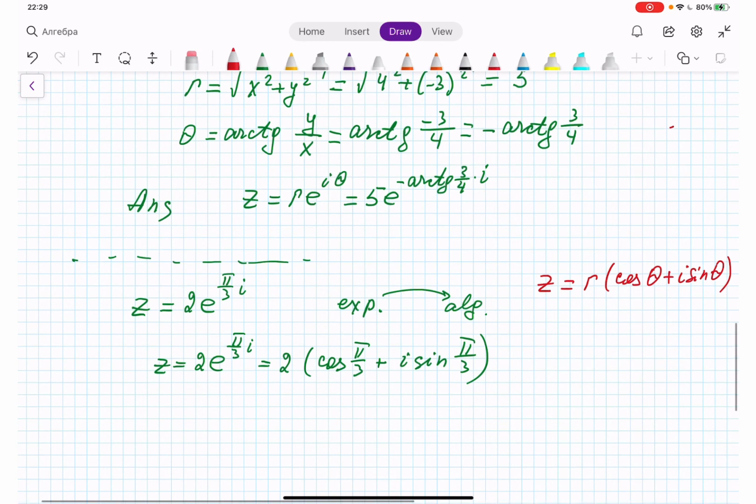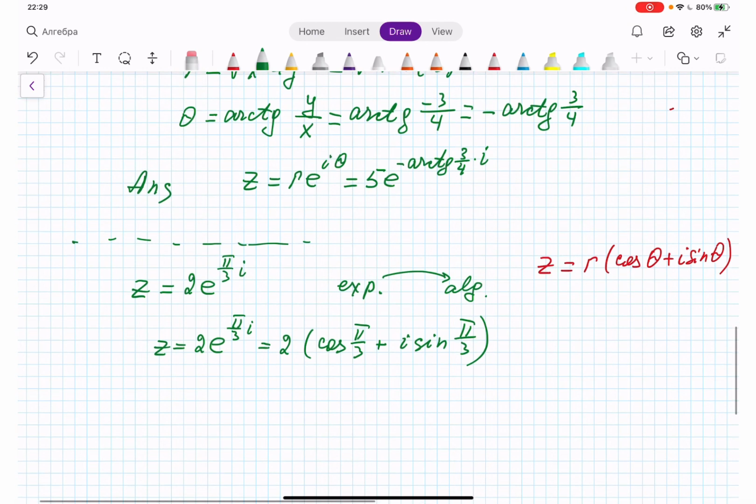Very good. So, from here, continue solving. We are going to have it equal to twice cosine pi over 3 is 1/2 plus i times sine pi over 3 is square root 3 over 2. There is a table. In real situations, you can open your calculator.